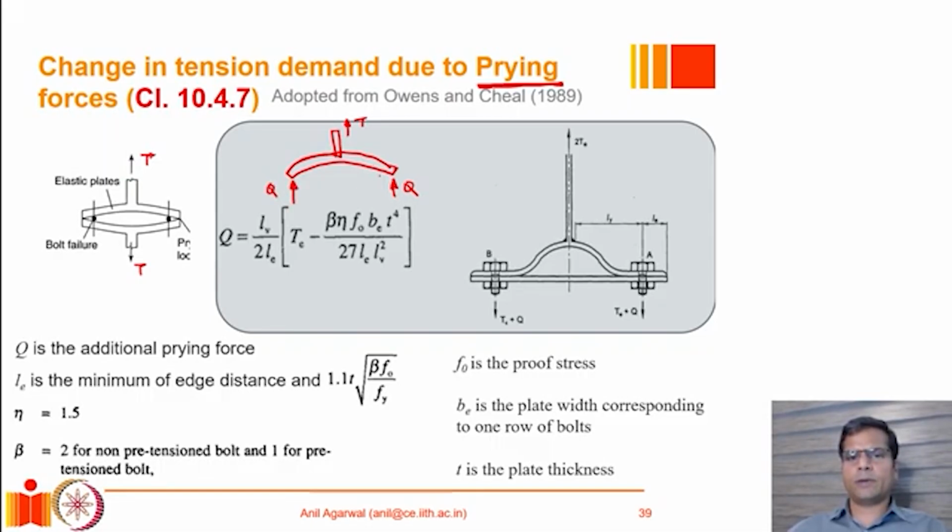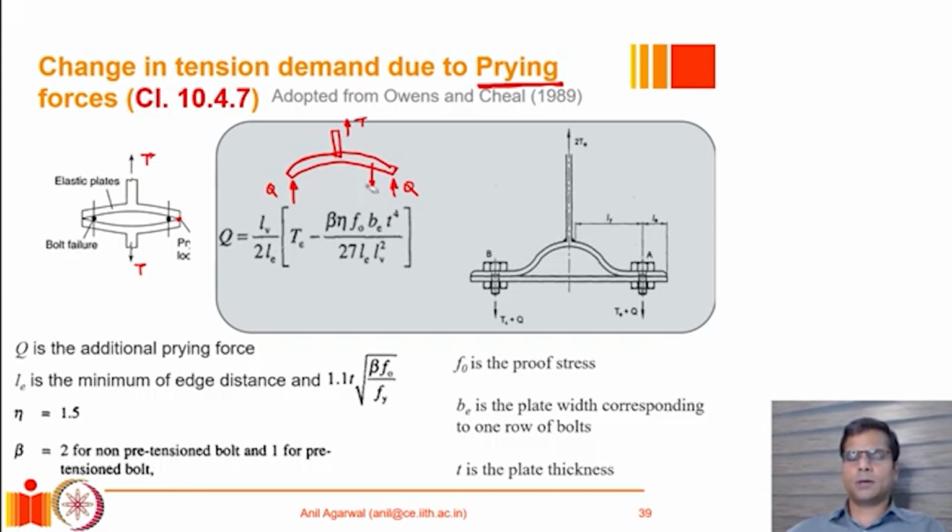At both ends you have a prying force of Q, which is basically coming through the bearing with the other plate. Now as a result, the only way this T section can be in equilibrium is if the bolt resists a force of T divided by 2 plus Q, right? So now you can see that in comparison to the situation where there was no prying action, now we have got an additional force of Q in the bolt.